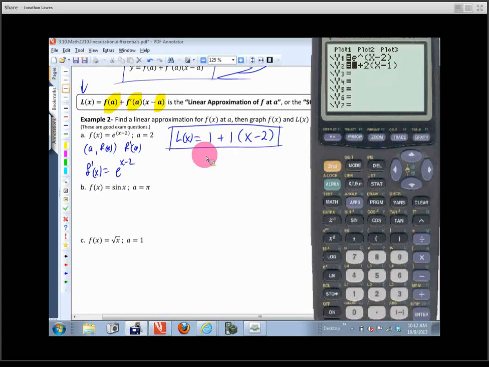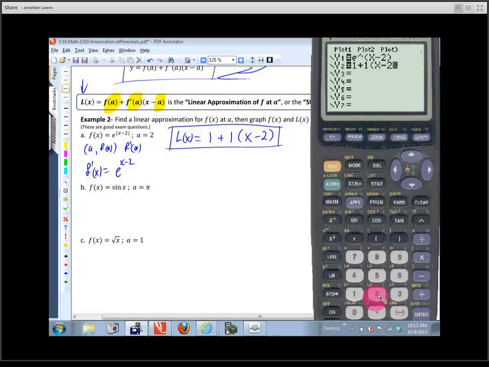So I need a 1 here, a 1 here, and then an x minus 2. The structure's the same. I just edit the original function, editing 3 things: function value, slope, and a. Then I hit zoom 4 and let's take a look at what this looks like.